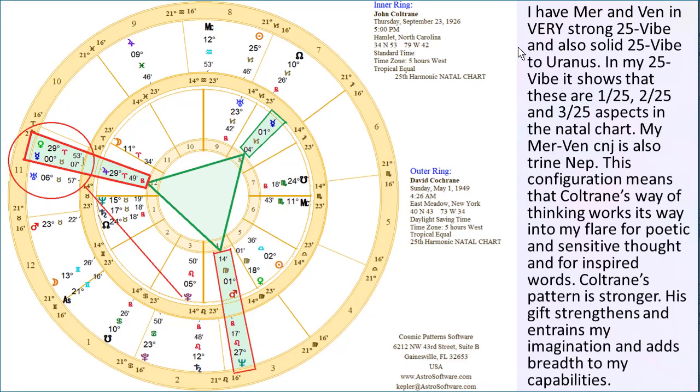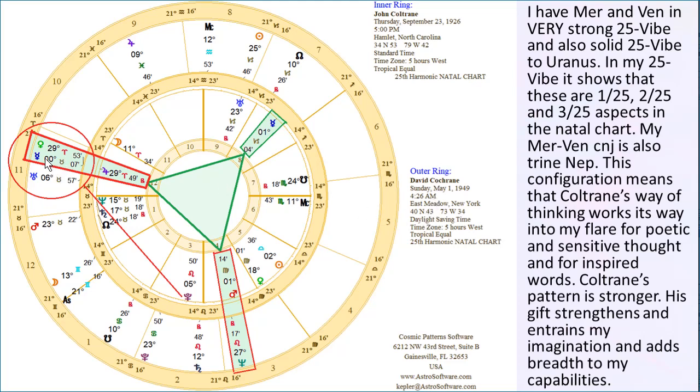So here is the grand trine that we just saw, the Mercury at 1 Capricorn, Jupiter at 29 Aries, almost 0 Taurus, and Mars at 1 Virgo. So they're between about 0 and 1 degrees of the Earth signs. His Mercury, Mars, Jupiter. This is Coltrane's 25 vibration chart in the center. And I put mine in the outer ring.